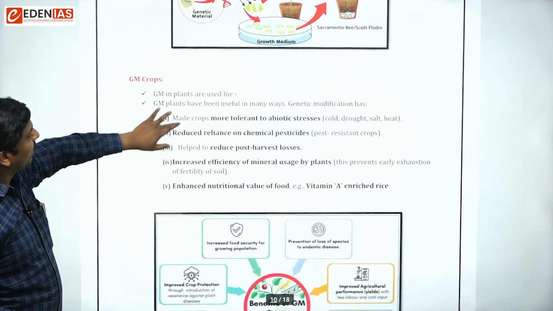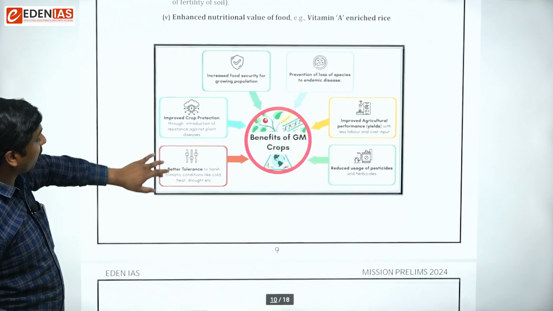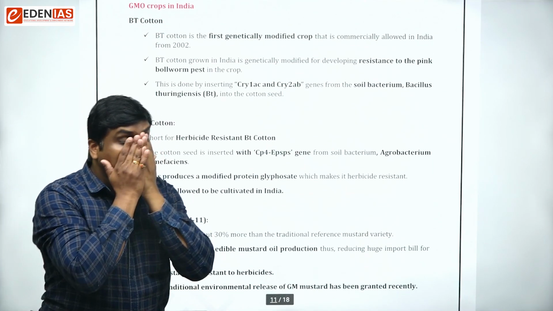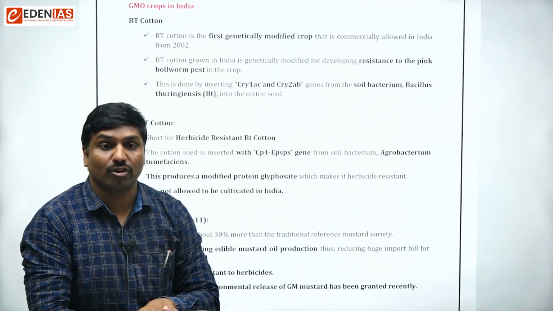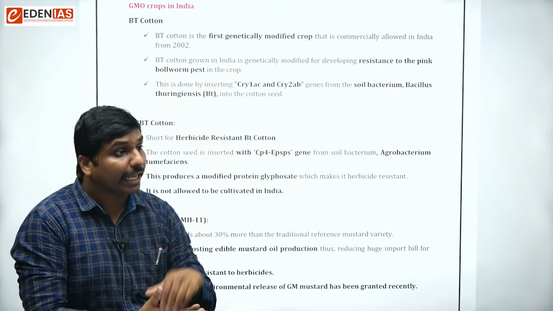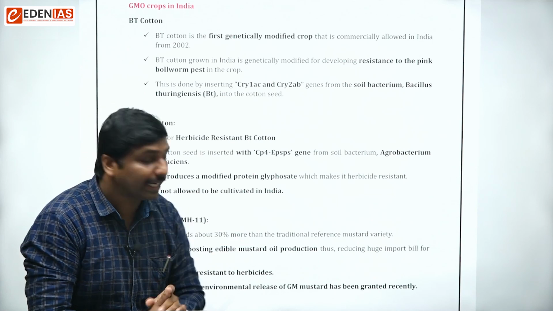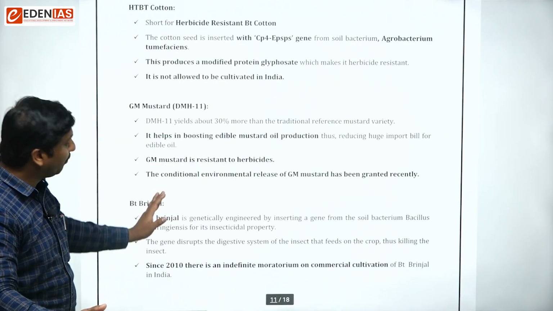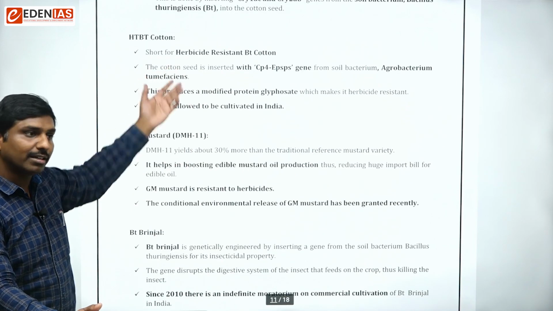Here, if you look from the perspective of examples of genetically modified crops in India, we have certain crops. You might have heard of these names like BT cotton, then HT BT cotton, then other things like GM mustard, and BT brinjal.